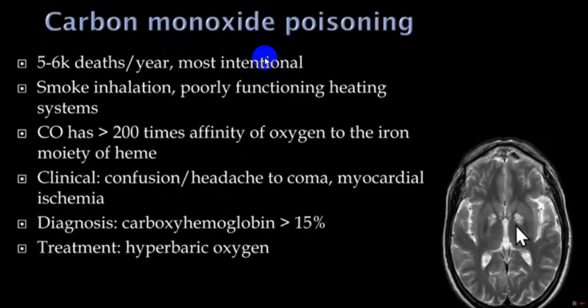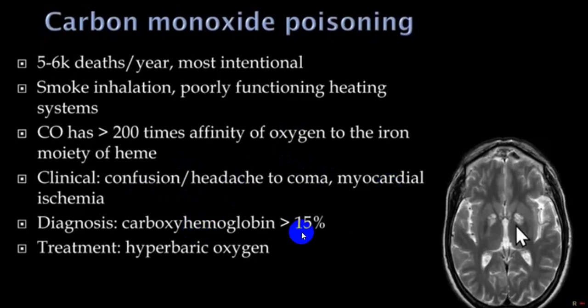Carbon monoxide poisoning is another very, very common cause. It is common because of smoke inhalation and poorly functioning heating systems, where carbon monoxide will enter the blood, produce carboxyhemoglobin and severe hypoxia, and the person will develop confusion, headache, and an altered level of consciousness right up to coma. The person can even develop myocardial ischemia.